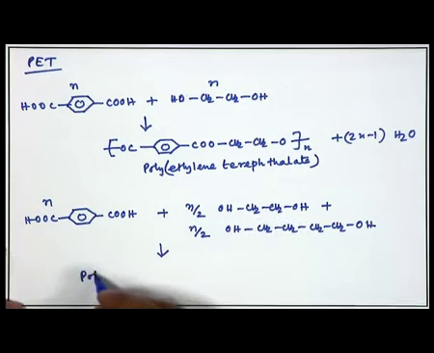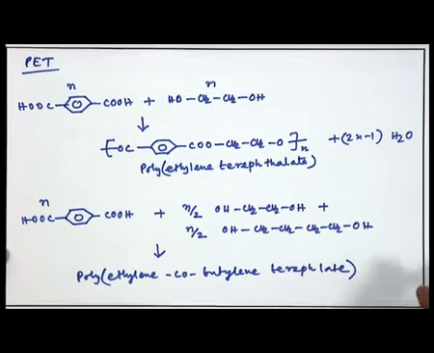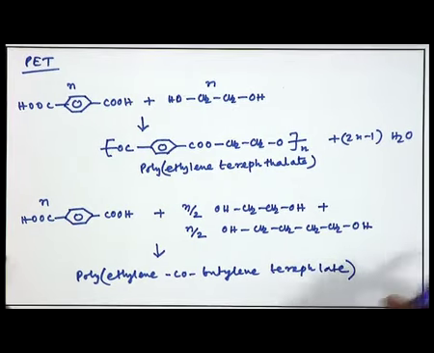Anyway, you do not have to bother too much about names, because it probably is not in your syllabus, but what you need to know is which we call a homopolymer and which we call a copolymer. In case of addition polymers, it was easy.